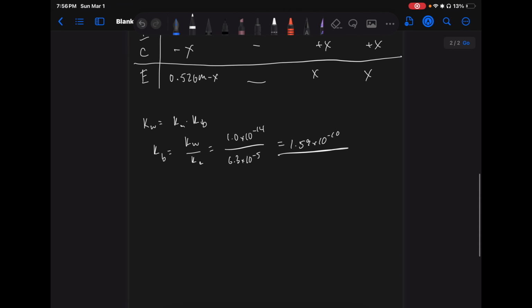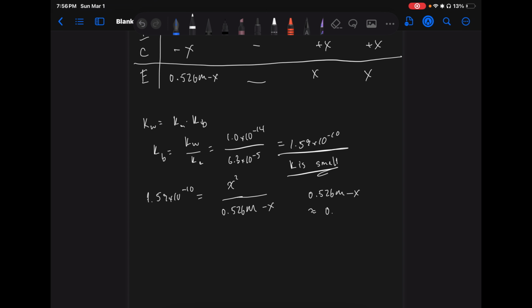Now we can substitute in x. So 1.59 times 10 to the negative 10 is equal to the products over the reactants. Clearly we can see that K is small, so we can make the assumption that 0.526 moles minus x is just equal to 0.526 moles.